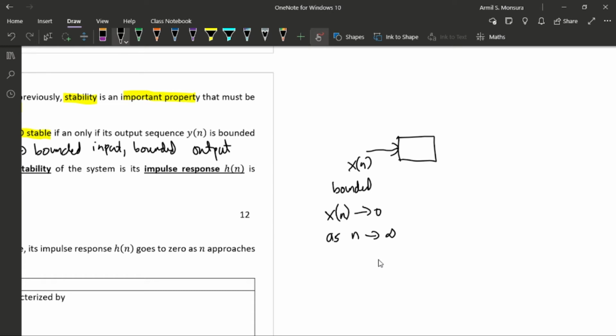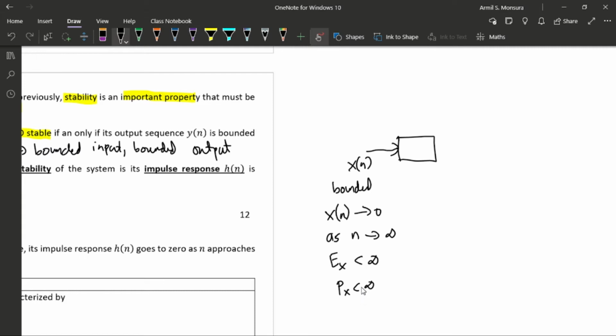One thing that we are looking at here is that the energy of these sequences should be finite, or at least it has a finite average power if x[n] is, for example, periodic or non-ending.